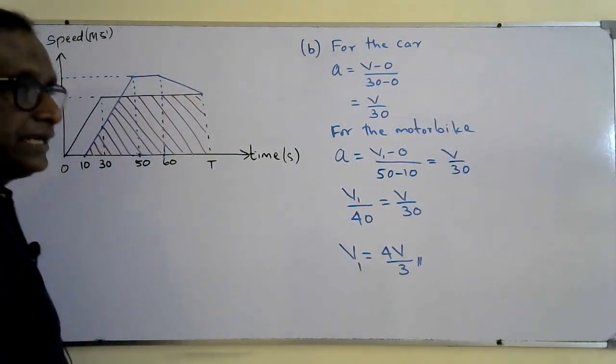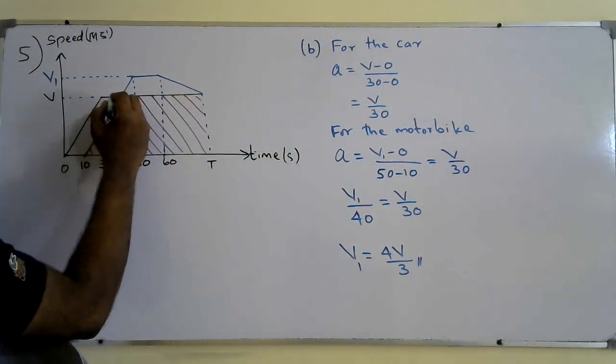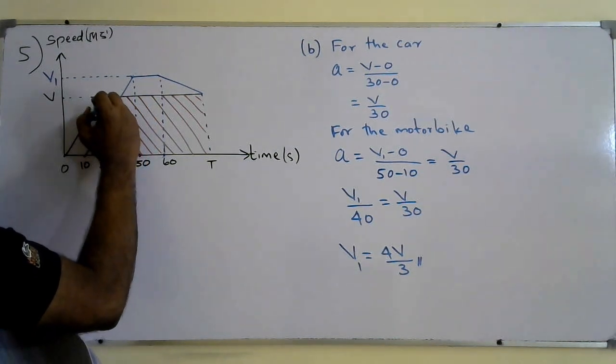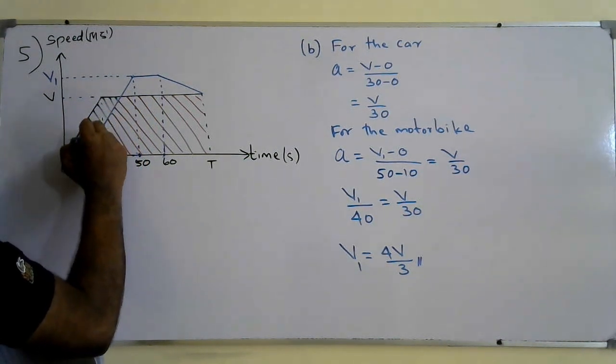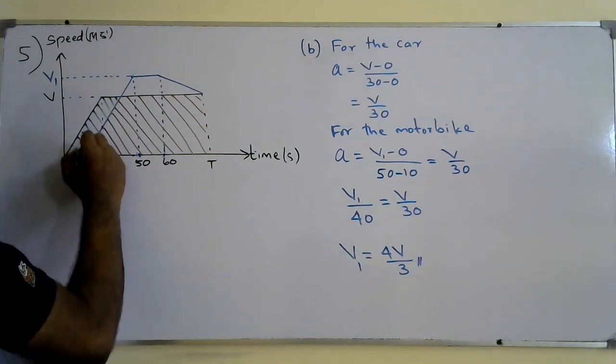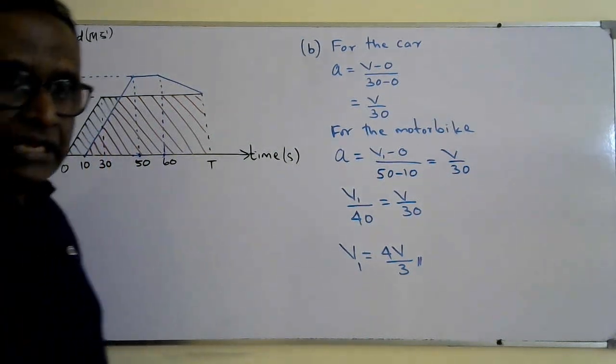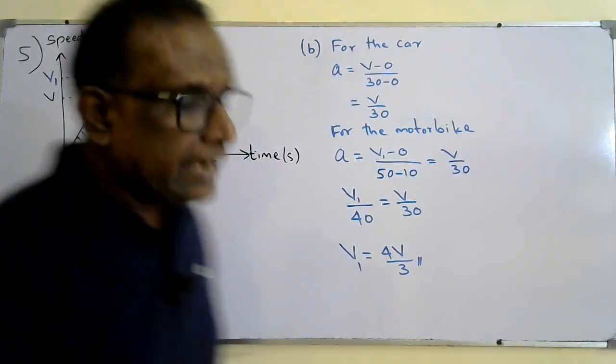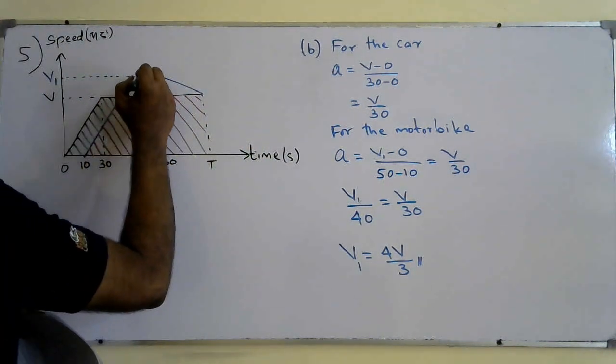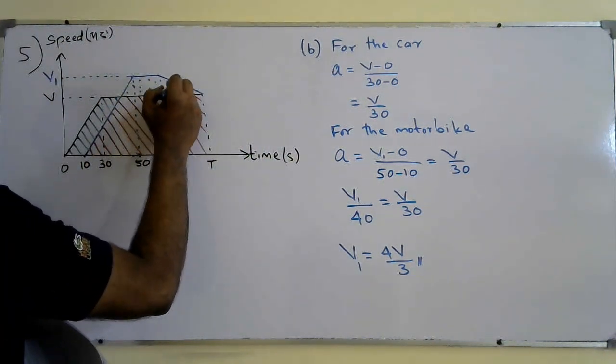Since the red color area is common for both, these two areas should have the same magnitude. That means the area of this parallelogram, the green color I used, and the area of this trapezium should have the same magnitude.